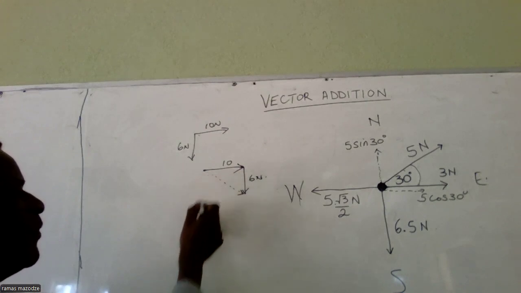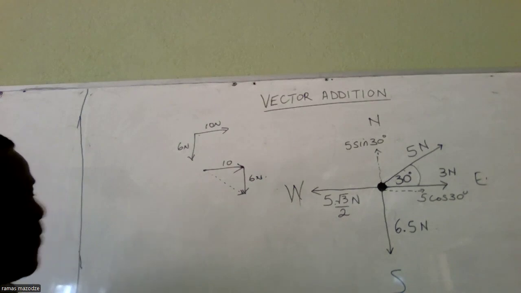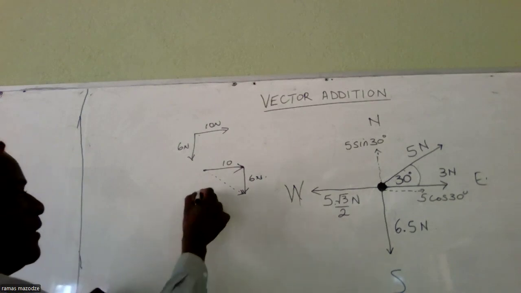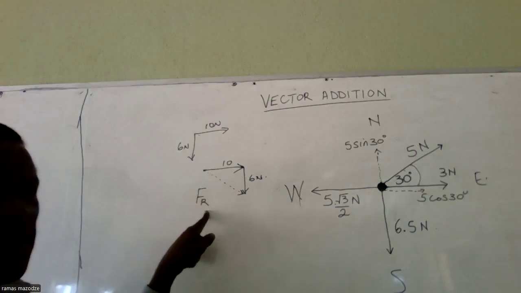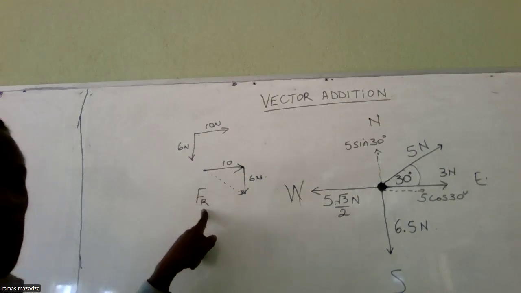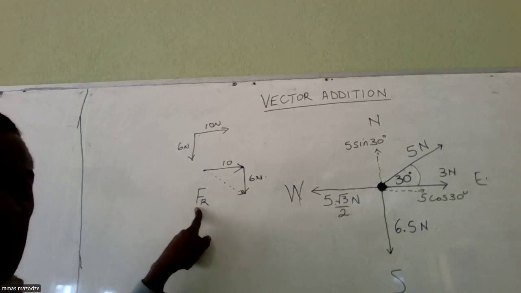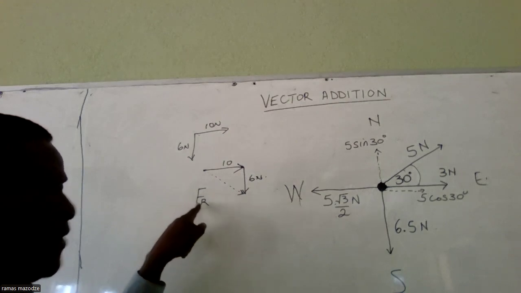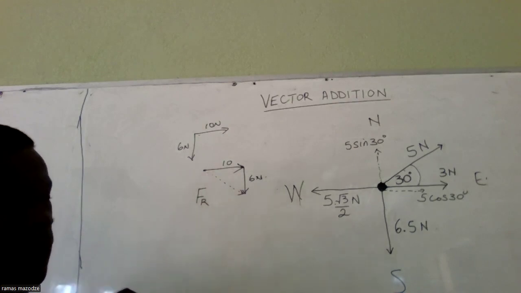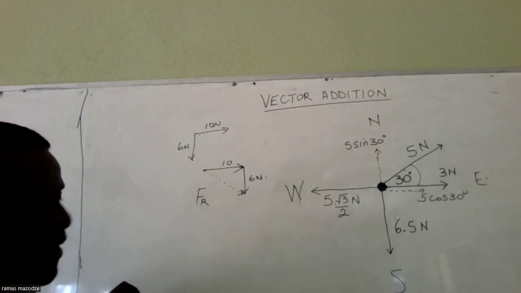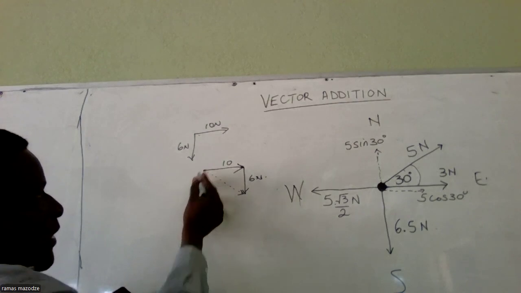The sum of the two vectors is what we call F subscript R. I think for the chemistry people, you normally use F subscript R. If you see that one, it means resultant force, or this vector there, which I've put in dotted lines, the one that starts from there.